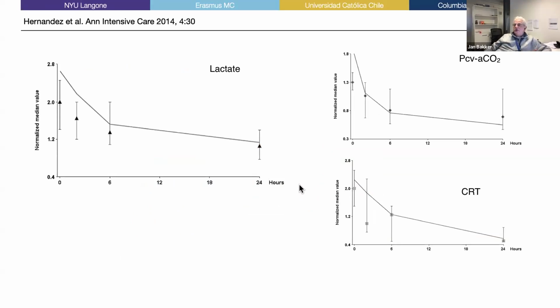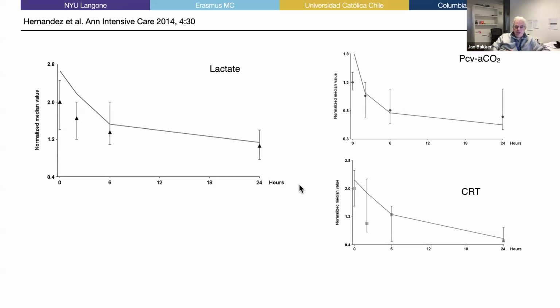And so we asked ourselves, okay, is there something different in the early phase of shock when you compare it to the later phase of shock? In other words, is the early phase where you see changes in lactate more flow related? And is the later phase more metabolism related?